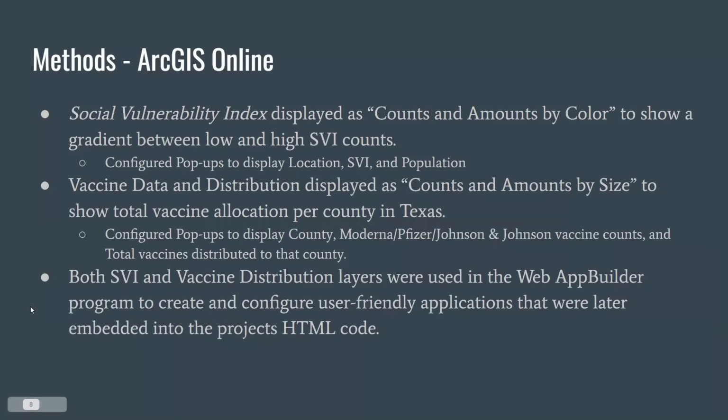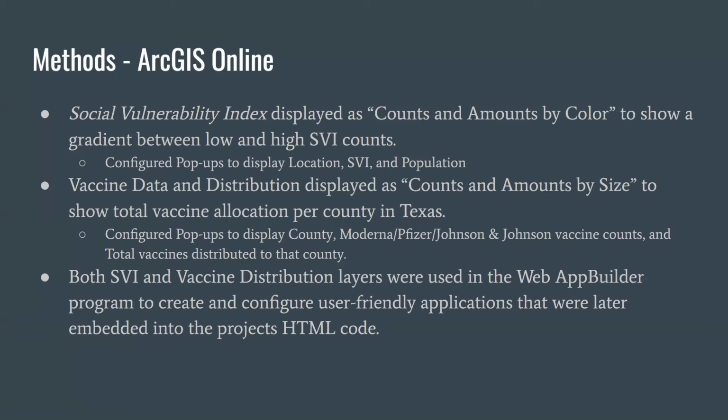And then moving on to ArcGIS Online, we brought in the Social Vulnerability Index and displayed it by counts and amounts by color to show the gradient between the low and the high SVI counts, and then configured the pop-ups to display the relevant information, such as location, the SVI itself, and the population. And then for the vaccine data and distribution, we displayed it as counts and amounts by size to show the total vaccine allocation per county.